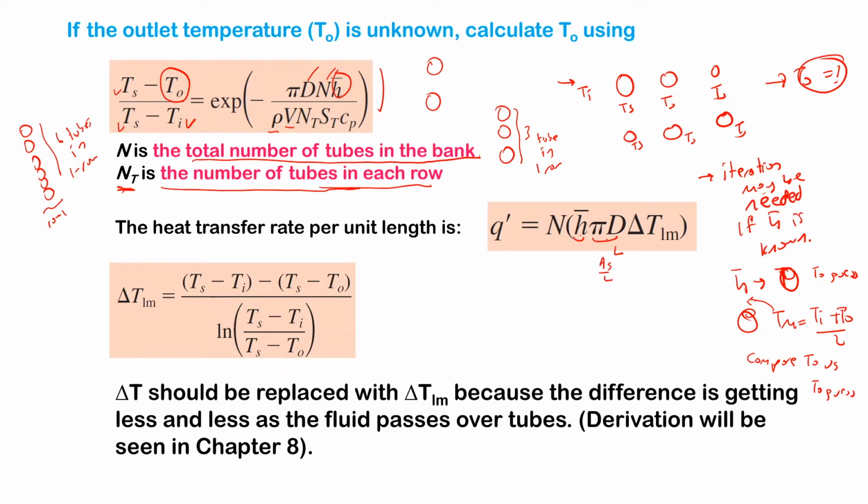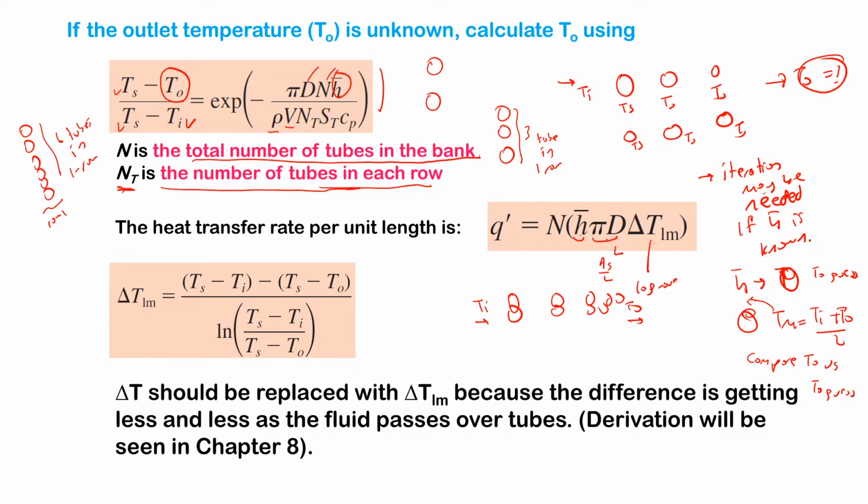And then delta T log mean is the logarithmic average temperature, okay? Since the temperature is, let's say, T in, T out, T in will be different from T out. So there will be a temperature difference between T in and T out, and this will be gradually changing.